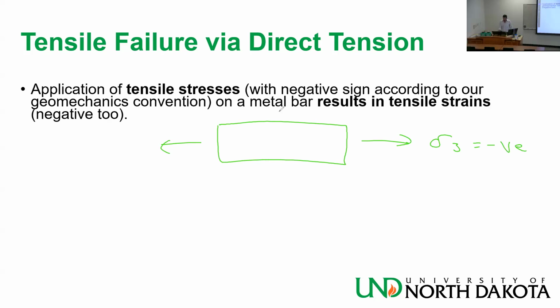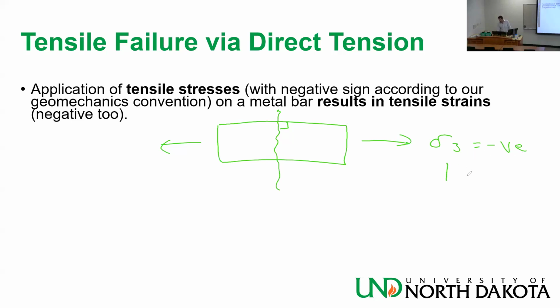And then eventually I'm gonna have failure like this at roughly 90 degrees. And we're gonna talk about that later on in this module. I pull it apart until it breaks. I cannot really do that with rocks, so I'm gonna use a different kind of test process for tensile failure, but that's the idea.